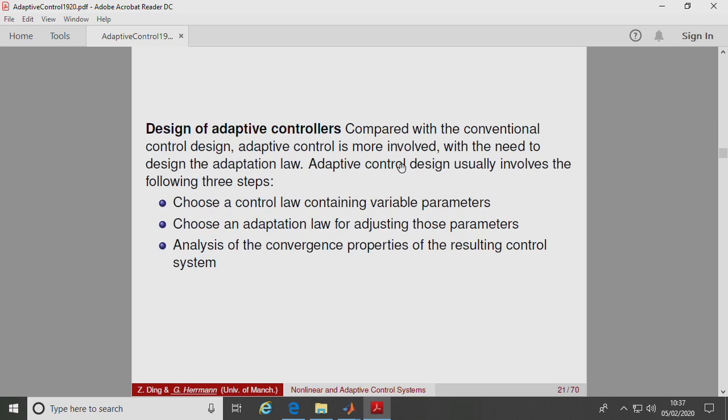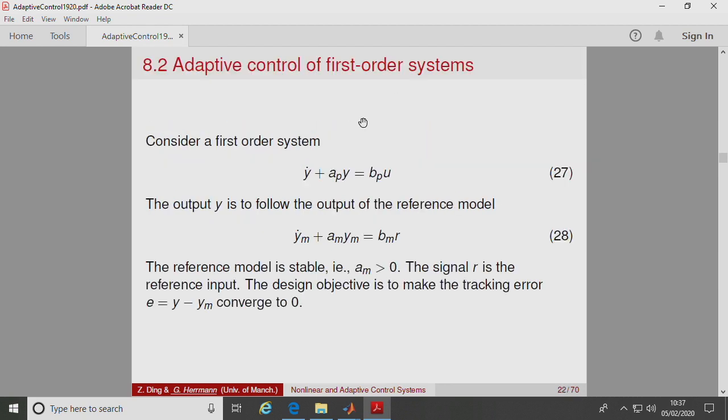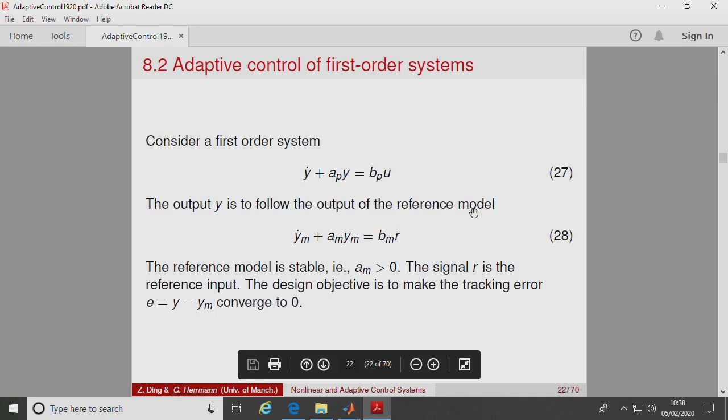So what happens is that we look at first at a first order example where we want to understand how we can create some form of model reference controller. The plant is a first order system. Our reference model is also a first order system.